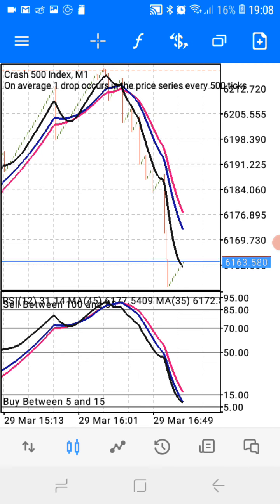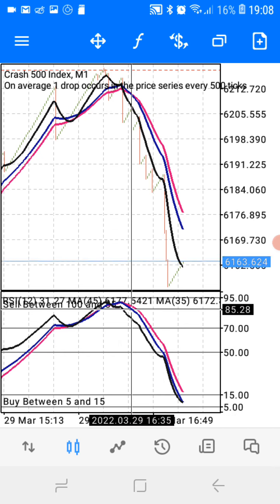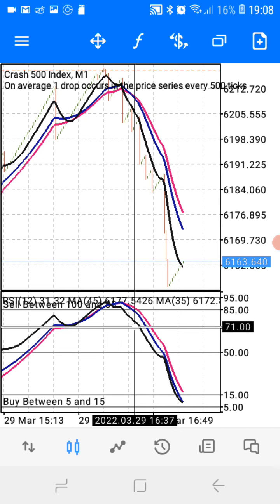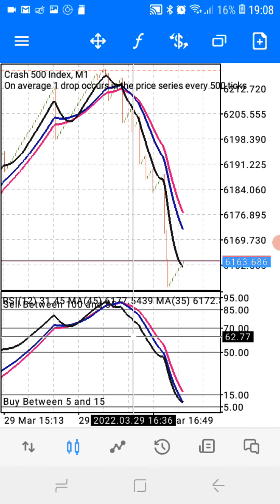What guided me was that the moving averages were above 85. They were all above 85 on my RSI. So that's why I took the trade before the moving averages even crossed.